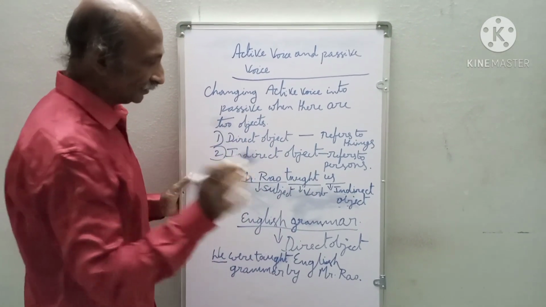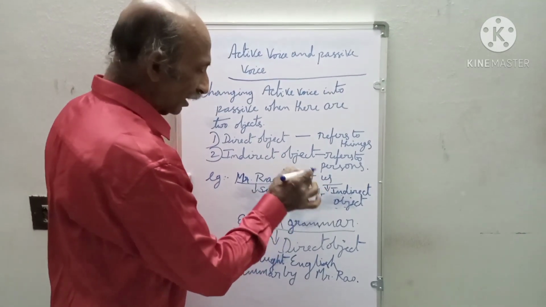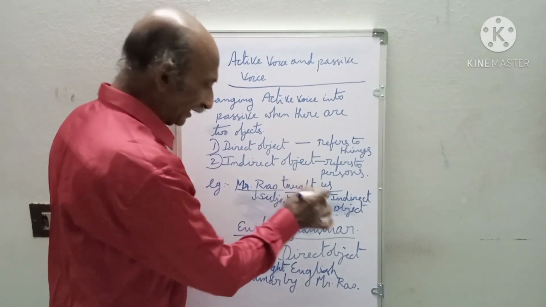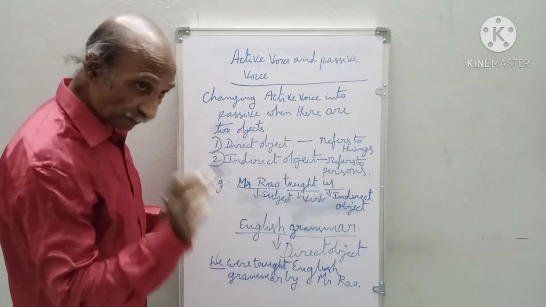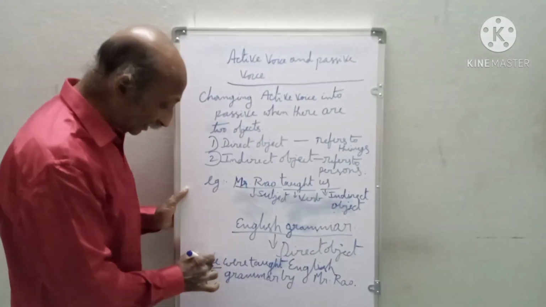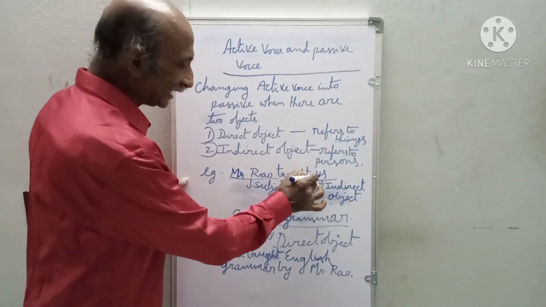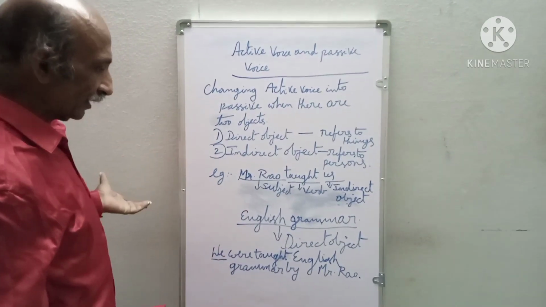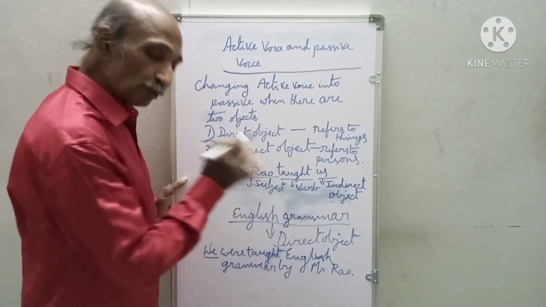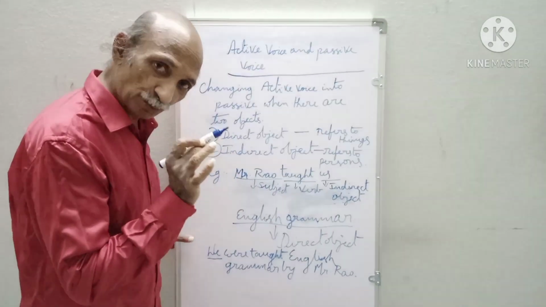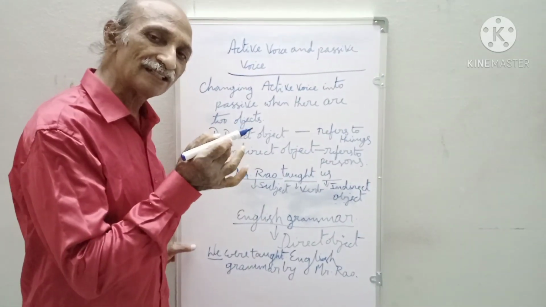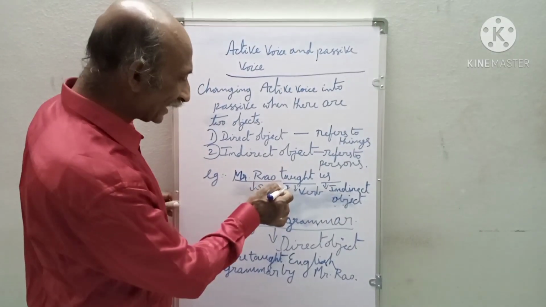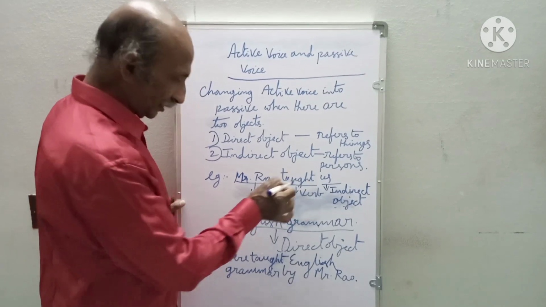Remember one thing, my dear friends. Object forms of pronouns are used in the middle or at the end. But subject forms of pronouns are used in the beginning of the sentence. So, us is replaced by we. And then, as usual, we should use the appropriate form of the verb to be depending on the tense of the verb. Here, the verb is taught.